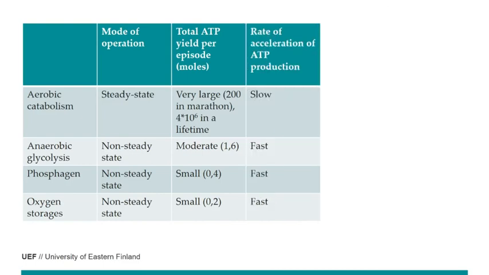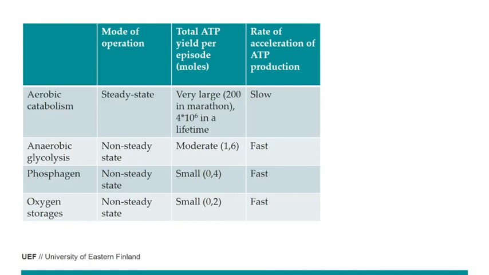Then the difference is also the rate of acceleration, how fast we can make it faster or more efficient. You can see that the only thing that happens slowly is the aerobic catabolism, because it's already often working as fast as it can.